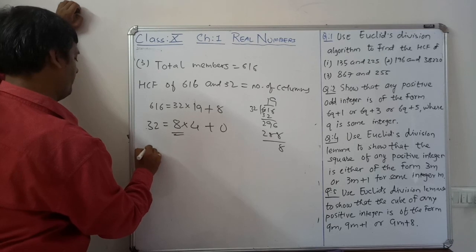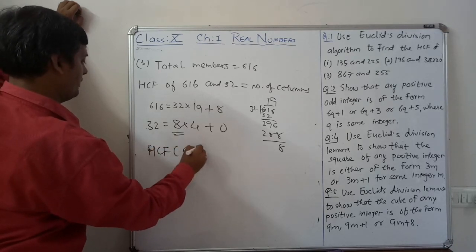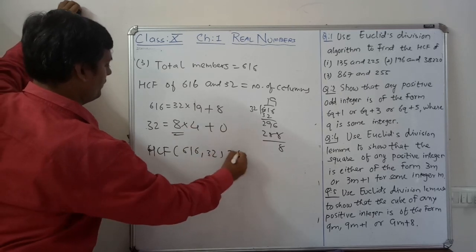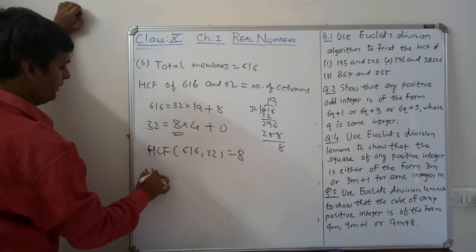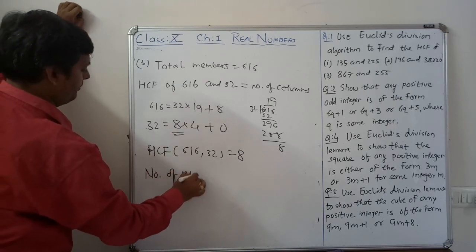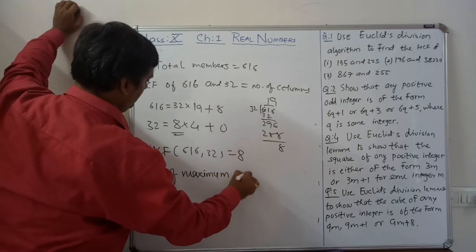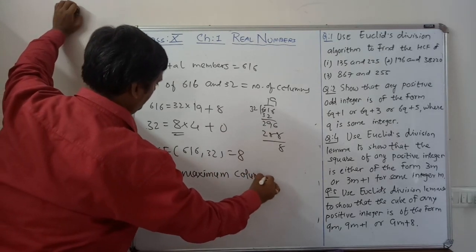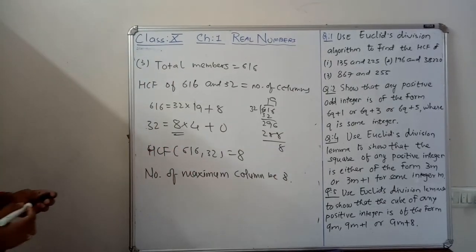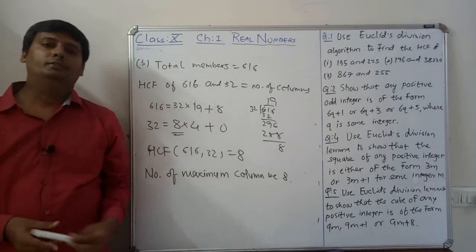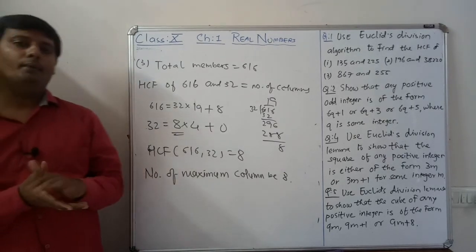So simple, HCF of 616 and 32 is equal to 8. So 8, that means the maximum number of columns will be 8. So clear? Understand? Okay, children. So this exercise is completed here.